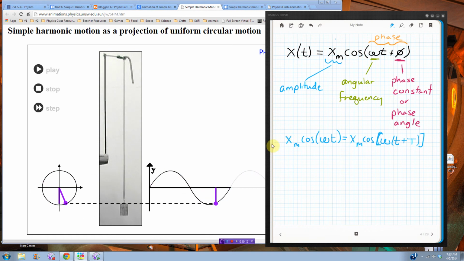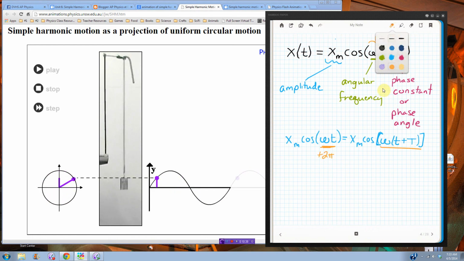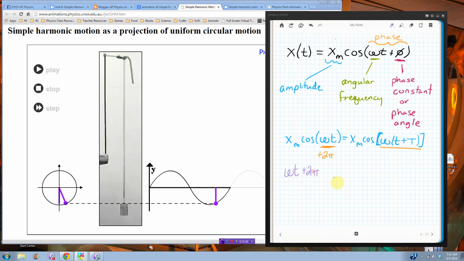So that means the arguments are basically the same if I say this: this argument plus 2 pi will give me the same cosine function.